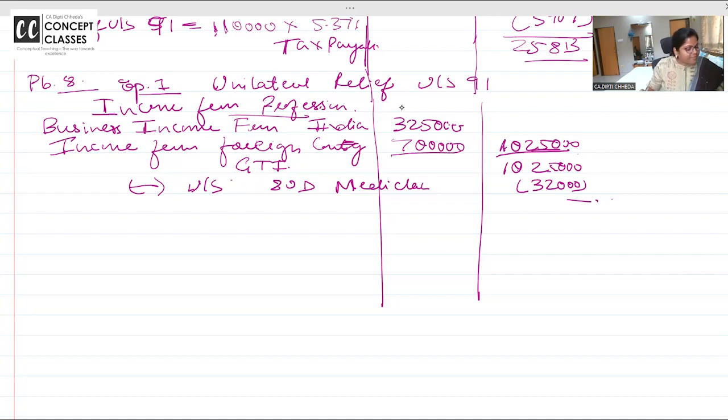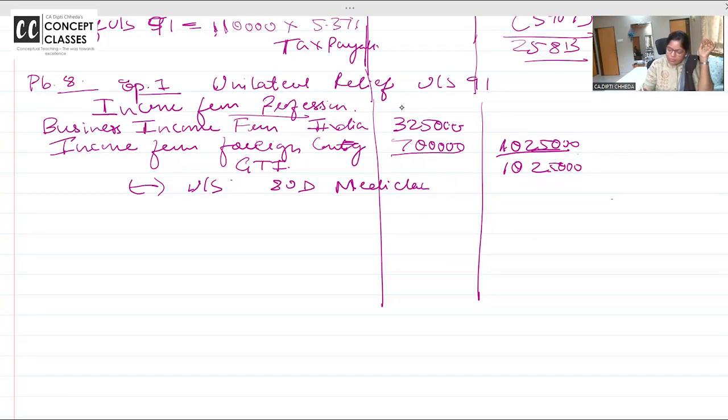One second. For the seniors, there is an additional benefit of 50,000, but I think only for the residents. And here they have clearly said that mother is a non-resident. So non-residents will get 80D deduction, but not the additional benefit. The additional benefit of 80D mediclaim for senior citizens is 50,000, but that is only for residents. She being non-resident, she will not get the full benefit.